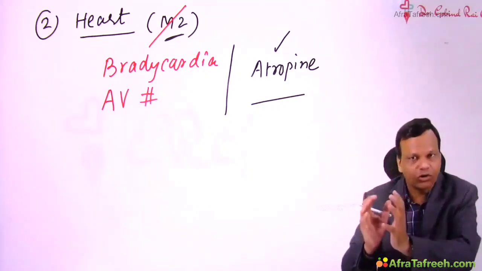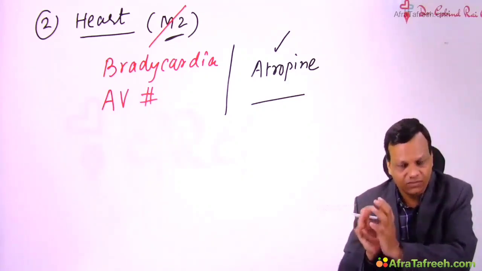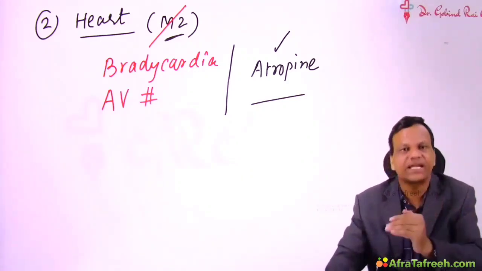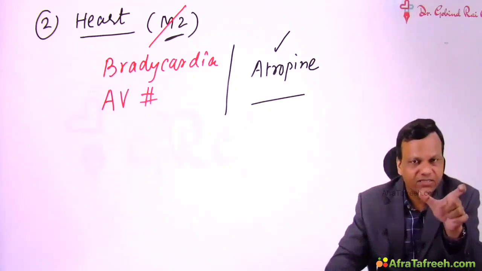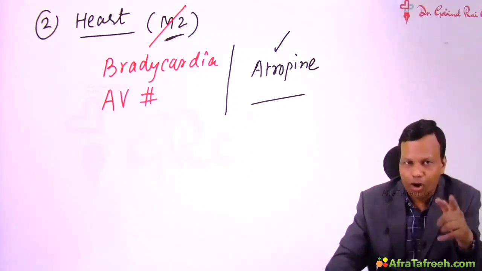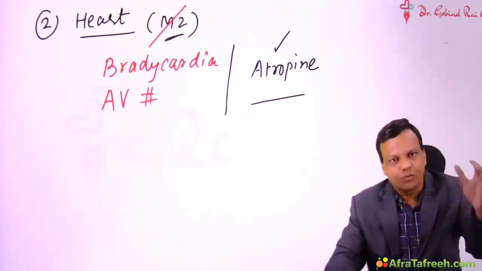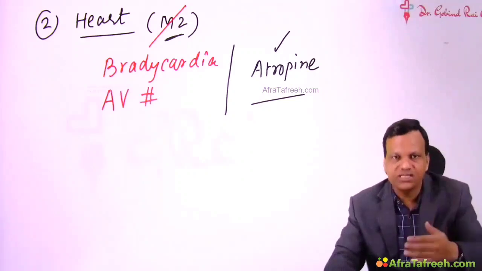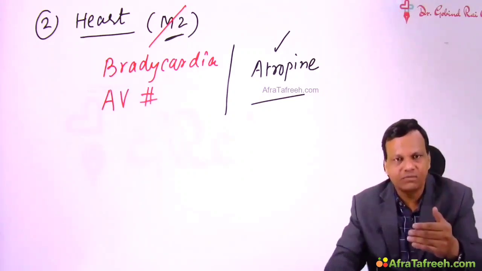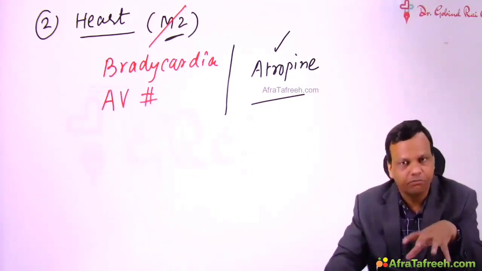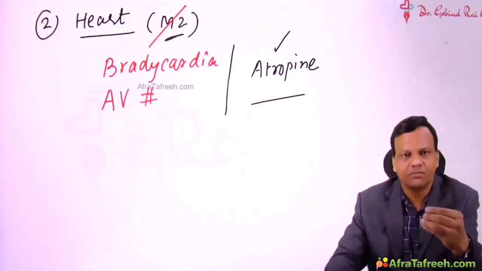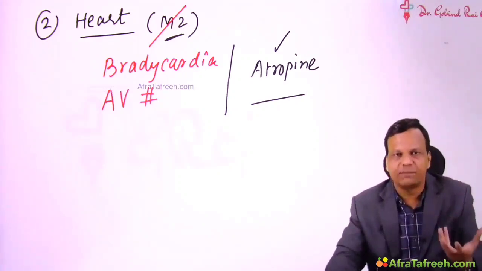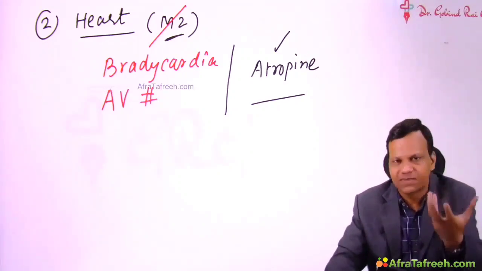So atropine does not cause tachycardia right from the beginning. When we give atropine, initially bradycardia occurs. Why does bradycardia occur? Because atropine blocks the presynaptic receptors. So brakes fail, more acetylcholine is released, and when more acetylcholine comes, it will decrease heart rate. But after some time, it blocks the postsynaptic M2 receptors, that means the M2 receptors present on the heart.